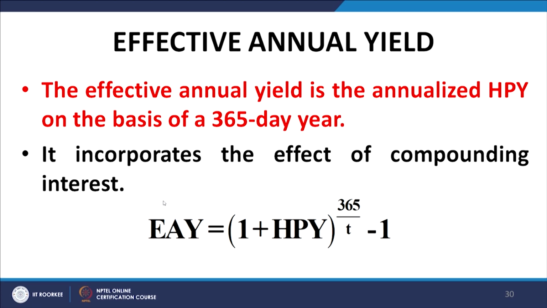The formula involves normalization with respect to money in terms of the initial investment. So, that is also taken care of. It is not at face value, it is at initial investment, and the normalization is with respect to 365 days. And thirdly, the yield involves compounding also. So, that flaw of using simple interest is also done away with in this particular form of yield.